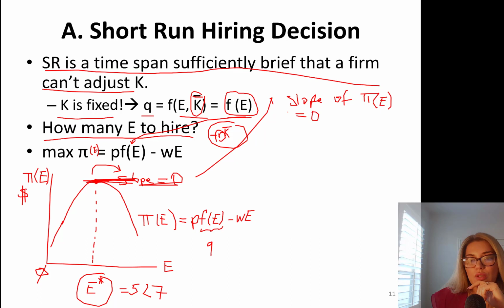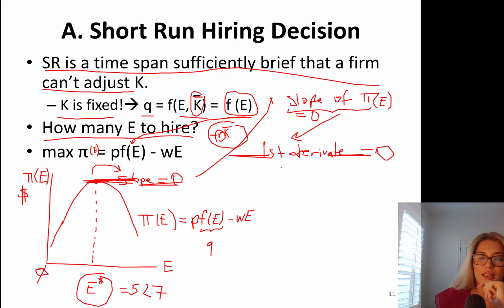The slope of the profit function, folks, is the first derivative, calculus, first derivative of pi with respect to employment, and equalize it to 0. Okay, great, let's do that.